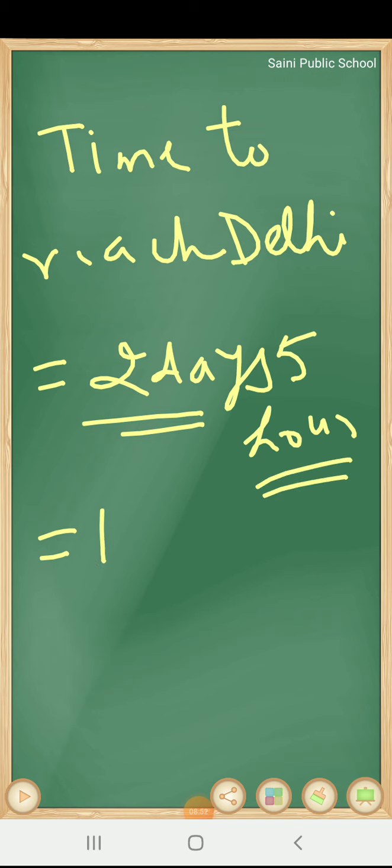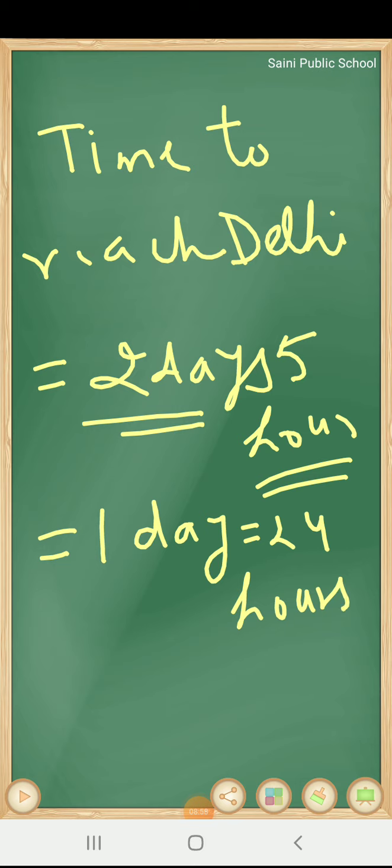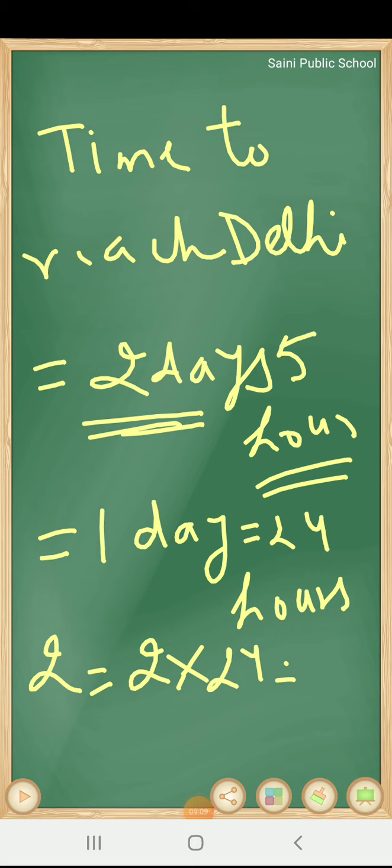Now we know that 1 day is equal to 24 hours. So 2 days is equal to how many hours? 2 into 24. 2 fours are 8, 2 twos are 4. So 48 hours.